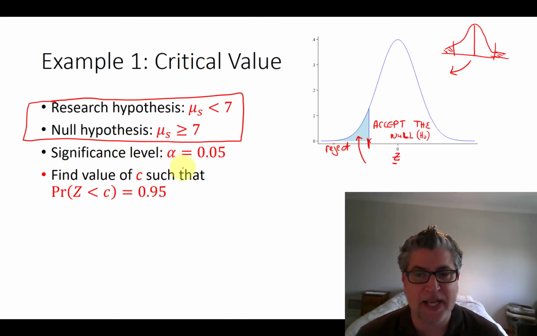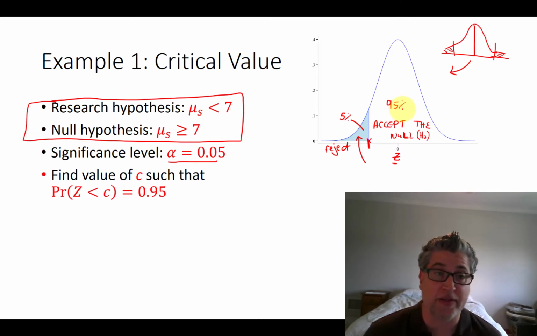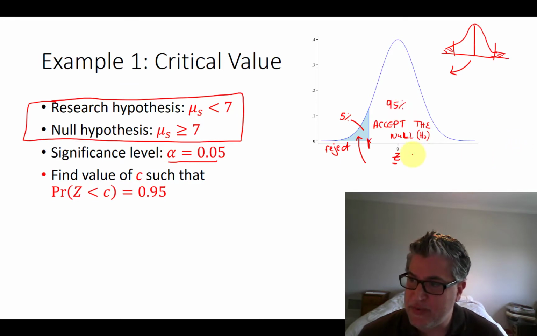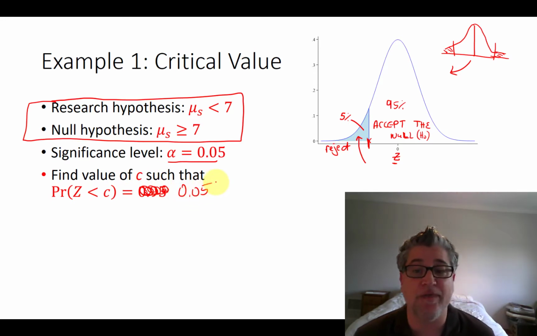Now we know we're testing at the 5% level, so we need 5% in here, and we need 95% in the unshaded area, that right-hand side. Okay, so let's find the value of z that gives us a left tail probability of 5%. So find some value such that the probability is 0.05.